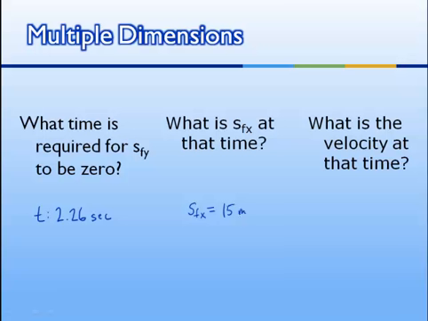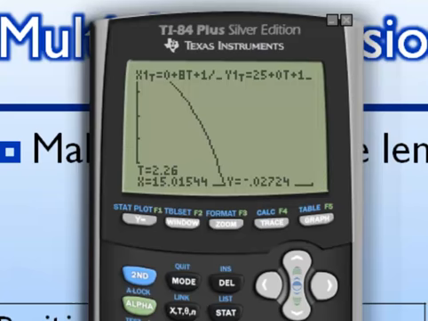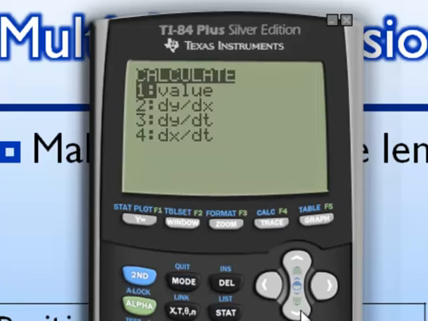We can also use the calculator's tools to help calculate the velocity at that particular moment in time. To answer this question, we can use the calculate tool, which is second trace, and the values down here, 3 and 4, will help us calculate velocity. What dy dt is, is the change in y position over the change in time.